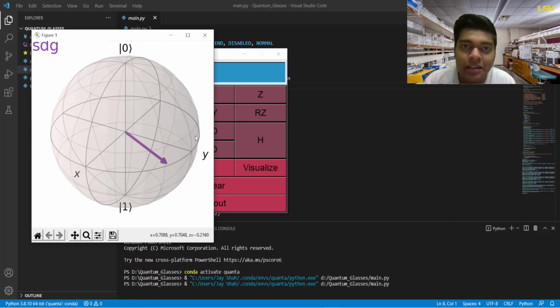By now I think it must be really clear to you what the result of this visualization would be. It will stop here, right?